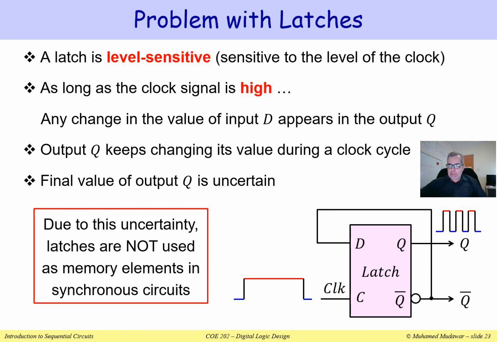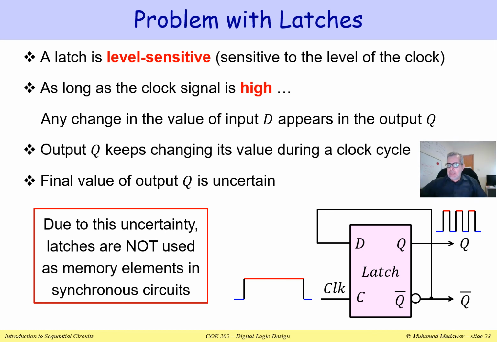When Q jumps from 0 to 1, Q bar is going to drop to 0. Because we are connecting it back to D, Q is going to follow D and drop back down to 0. Therefore, Q is going to oscillate. It's going to go 0, 1, 0, 1, as long as the latch is enabled, as long as the clock is 1. And this is not good.